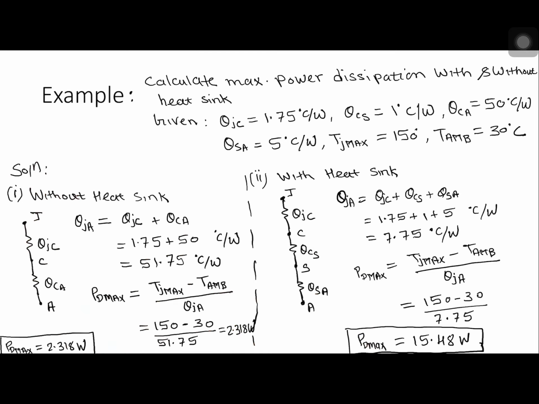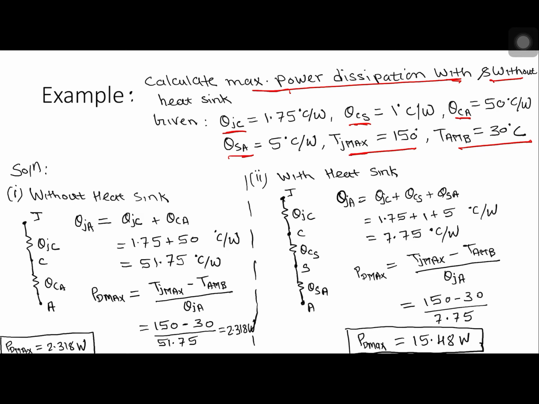Now to understand the impact of a heat sink, let's take an example where all the values of thermal resistances are given to you, junction temperature is given, ambient temperature is given, and we are supposed to calculate maximum power dissipation with heat sink and without heat sink.